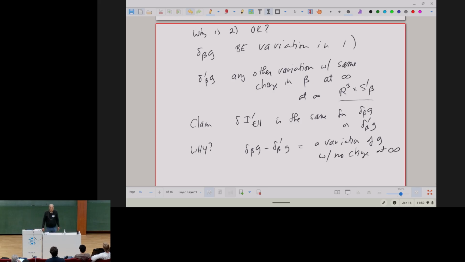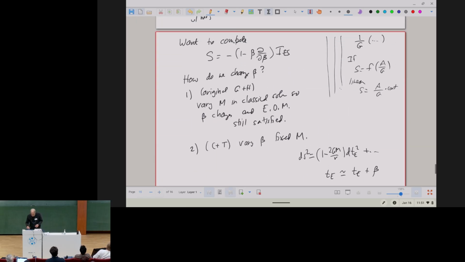By definition, delta beta and delta prime beta are two different ways to change the metric, where you change beta at infinity in the same way, but you do something different in the interior. So since they are the same at infinity, only different in the interior, the difference is a change in the metric with no change in the asymptotic behavior.